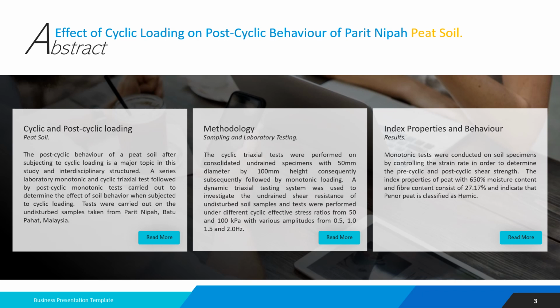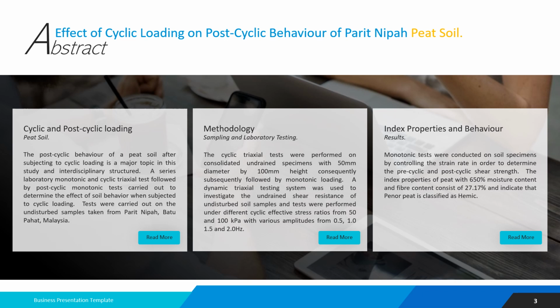A dynamic triaxial testing was then used to investigate the undrained resistance of undisturbed soil samples, and tests were performed under different cyclic effective stress ratios from 50 kPa to 100 kPa with various frequencies applied from 0.5, 1.0, 1.5 and 2.0 Hz.